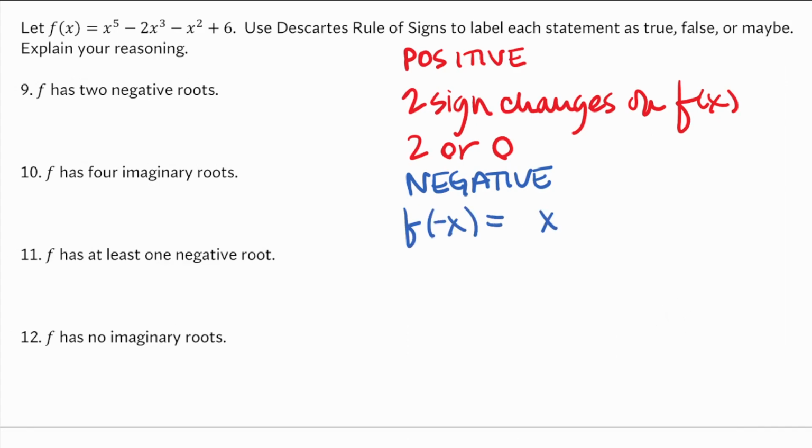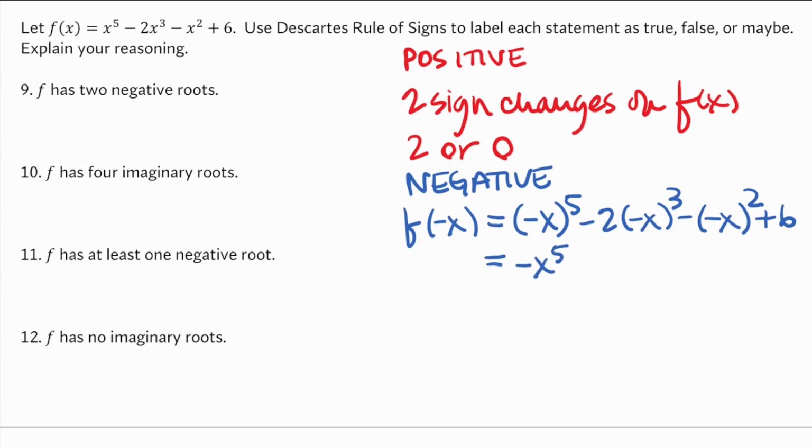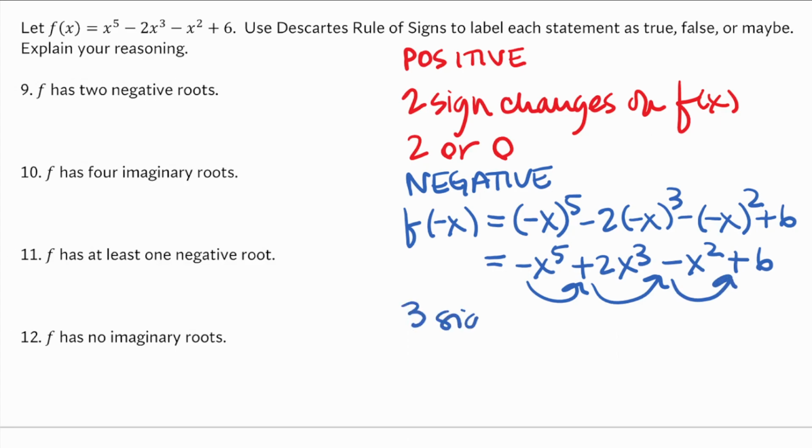So I'm going to have negative x to the 5th power minus 2 times negative x to the 3rd power minus negative x squared and a positive 6. Negative 2 times negative x cubed would be positive 2x cubed, minus positive x squared, plus 6. It's got 1, 2, 3 sign changes. So that means 3 or 1 negative roots.